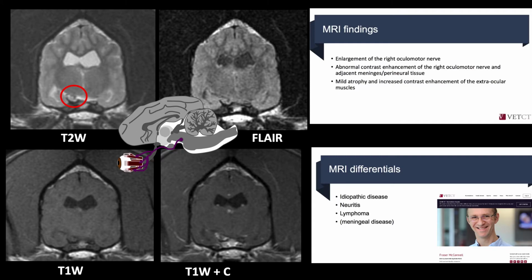If we talk about the differentials, we could talk about oculomotor neuropathy with an idiopathic underlying cause, inflammation going for neuritis, or neoplasia going for lymphoma or other meningeal diseases, including the beginning of a meningioma. Remember that in the middle cranial fossa there are different structures from which, unfortunately, neoplastic cells can arise.